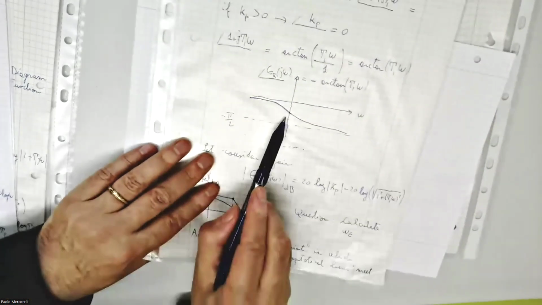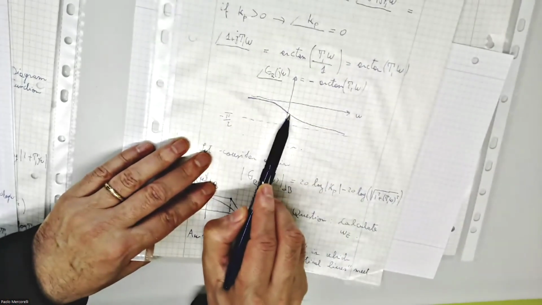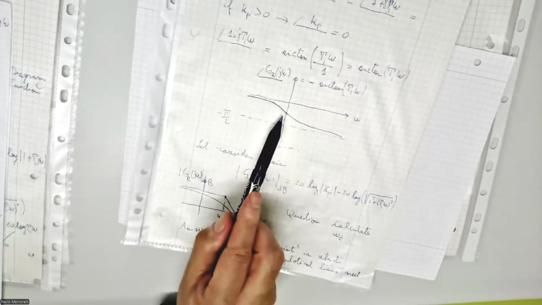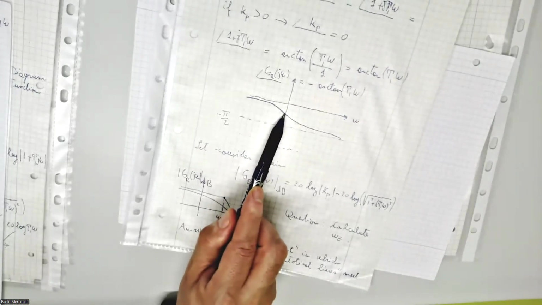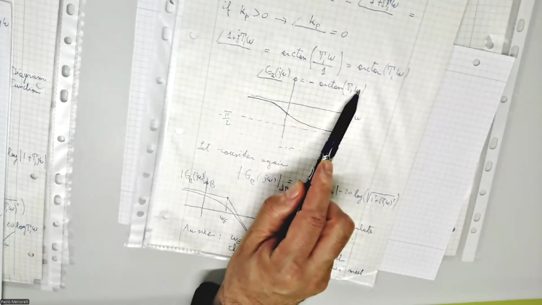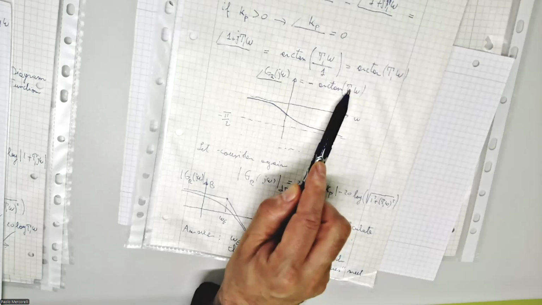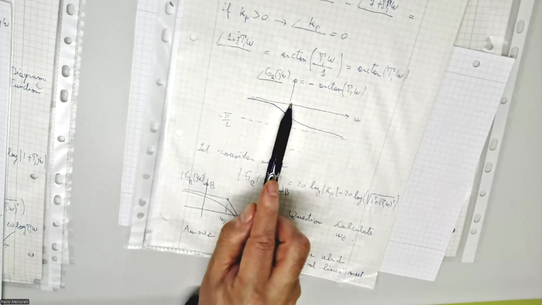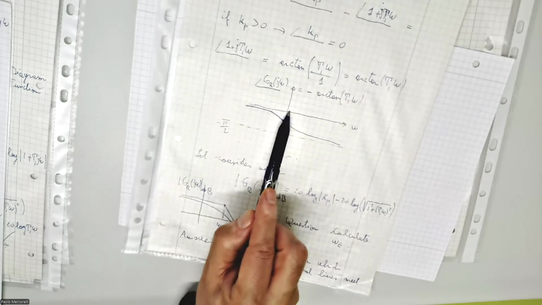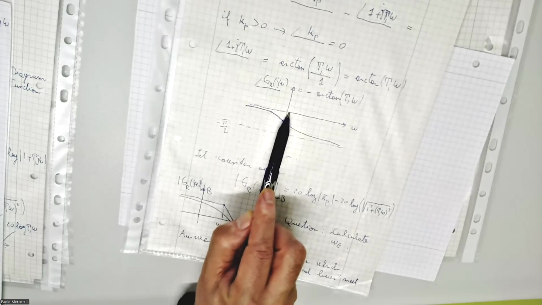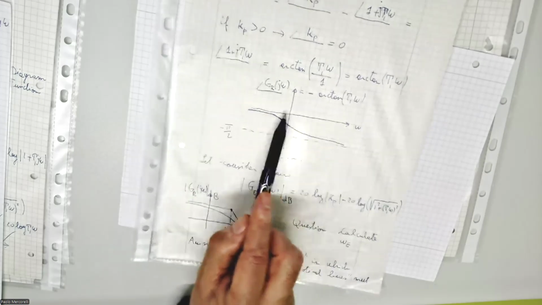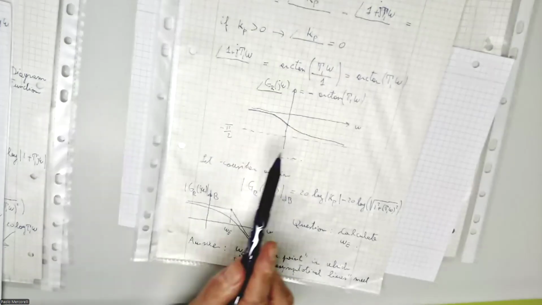Here it's quite clear. At omega e, in the slide it is very well done. I didn't do the calculation, but omega e is 1 divided by T1. It's not specified this point here, but this is omega e. I didn't put any label, otherwise it's clear.